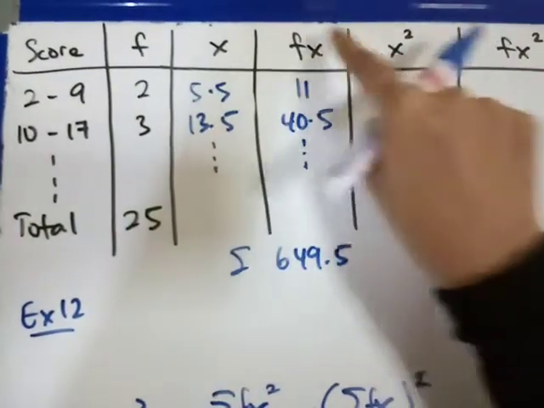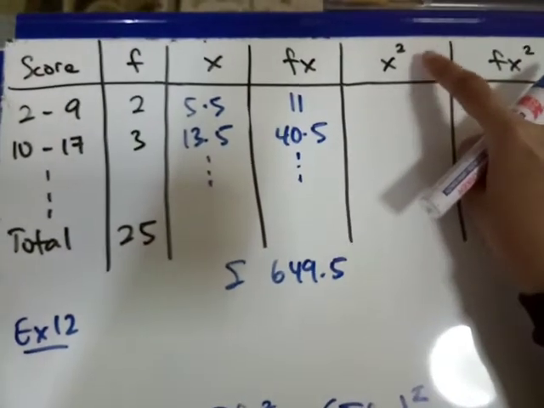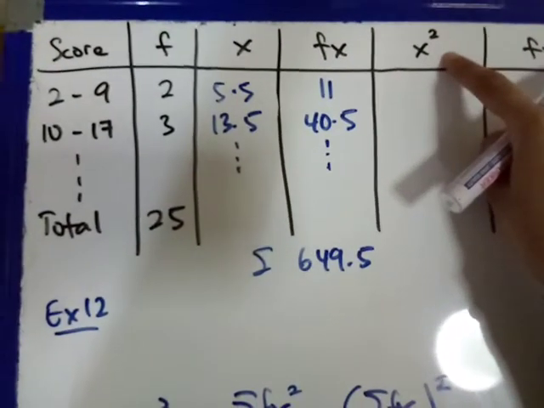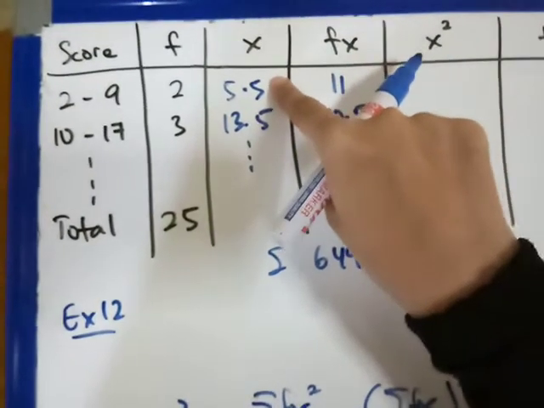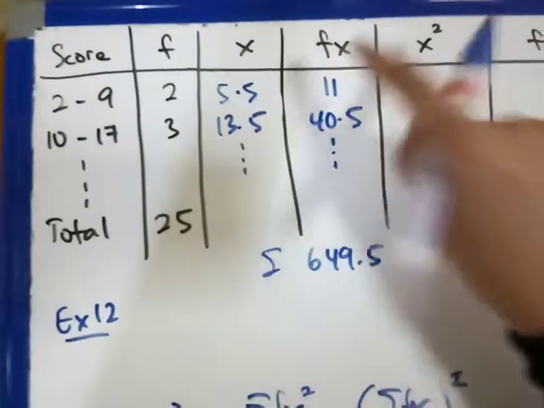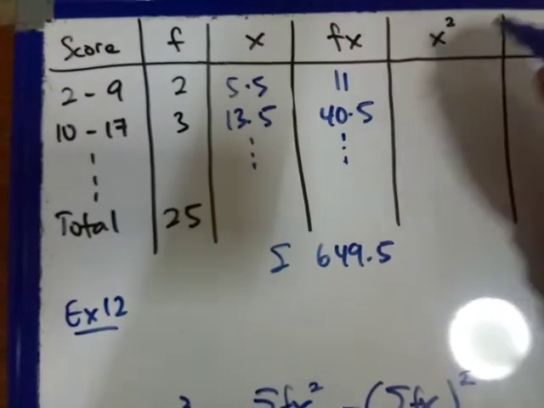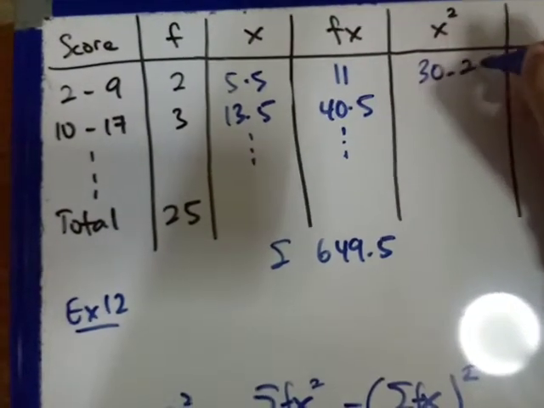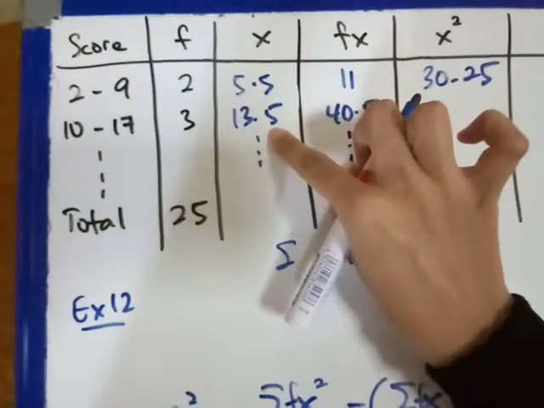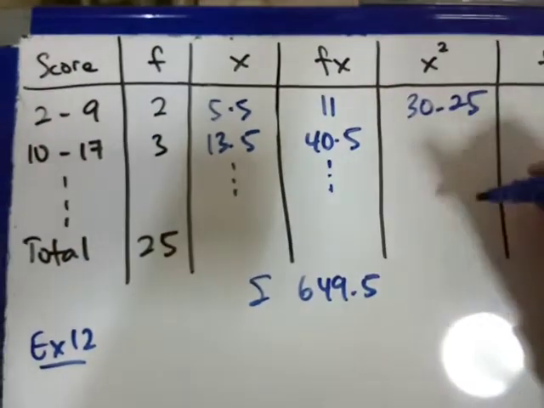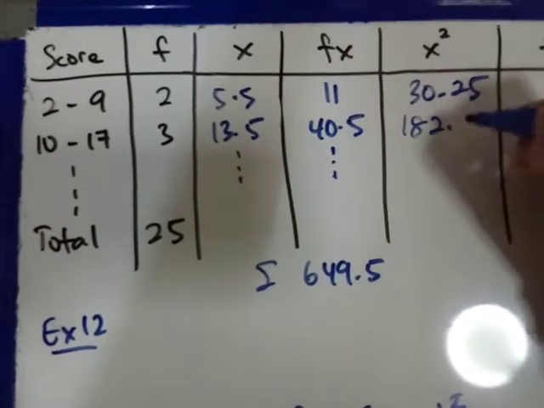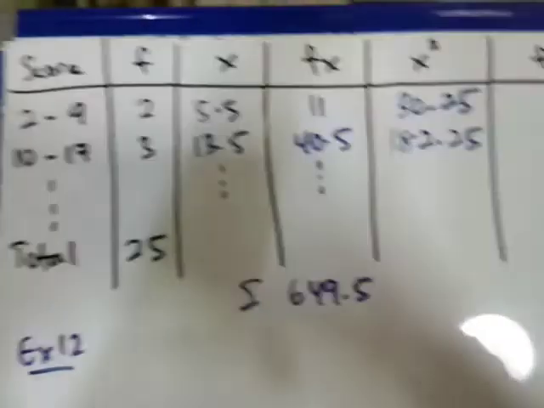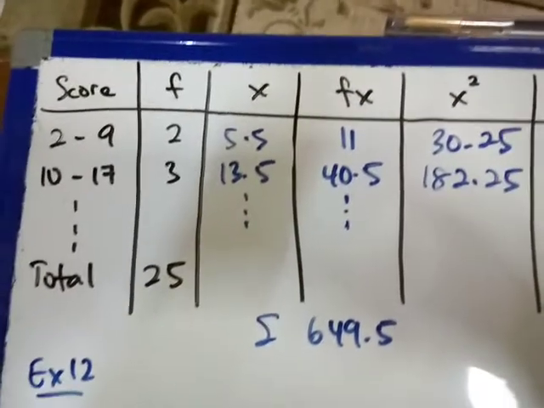This is the first step, second step, and now the third step. You have to square each value of x. That means you have to square the value of the midpoint. 5.5 squared, what do you get? 30.25. 13.5 squared, you get 182.25. You can see it.